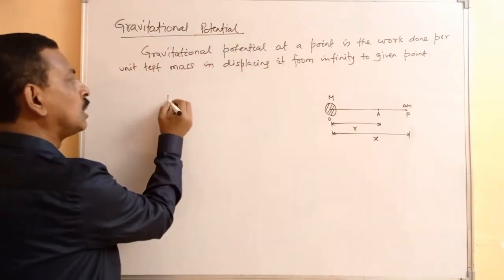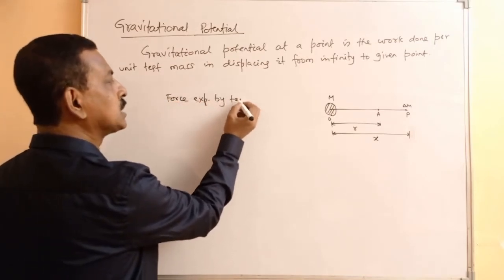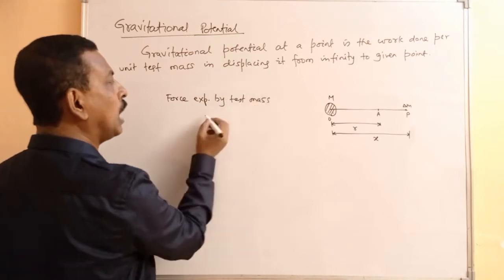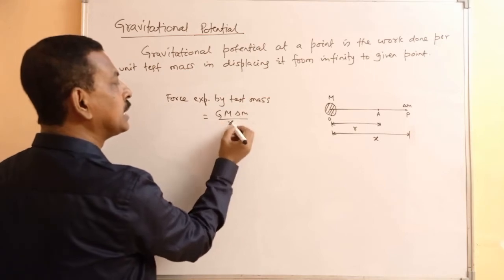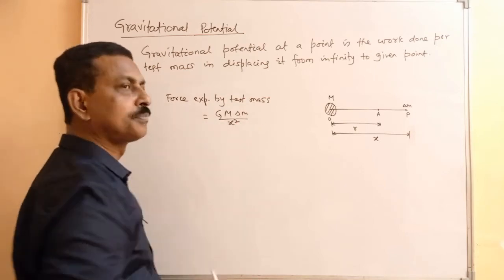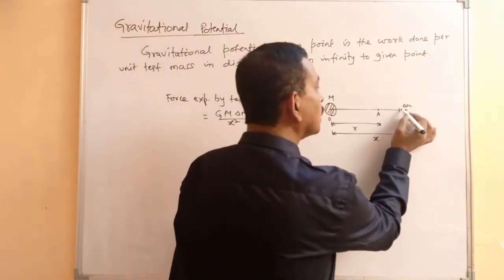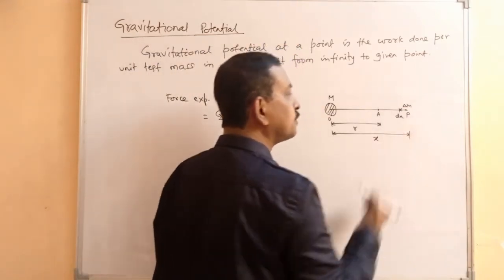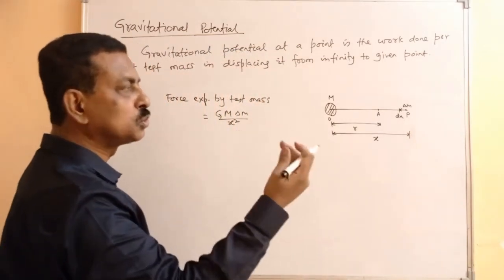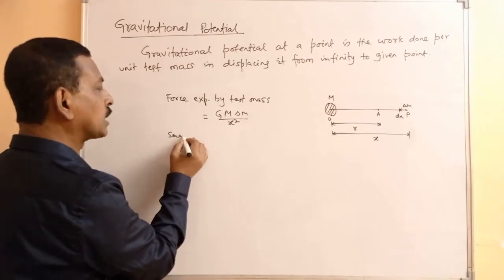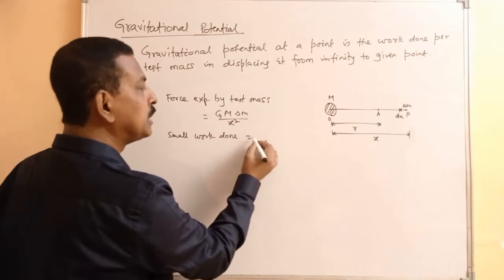So the force experienced by test mass, how much it will be? It will be GM delta m by x square. Suppose this mass gets displaced through dx. So if test mass is displaced through dx, therefore a small work done, that will be equals to how much?